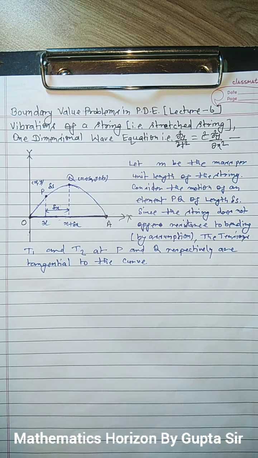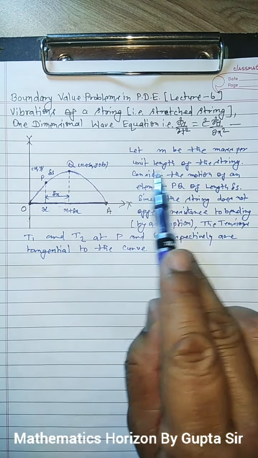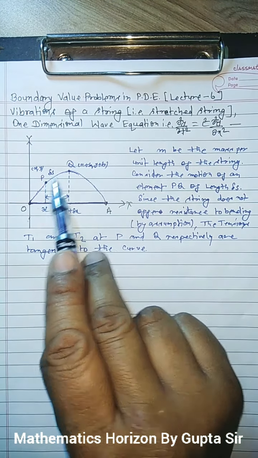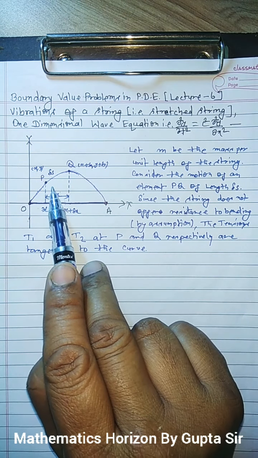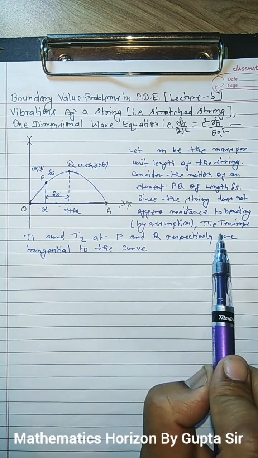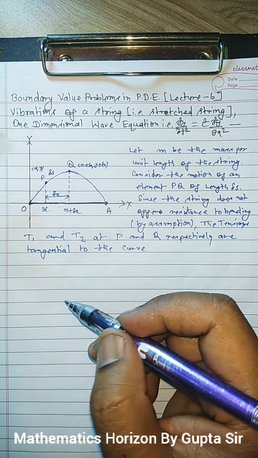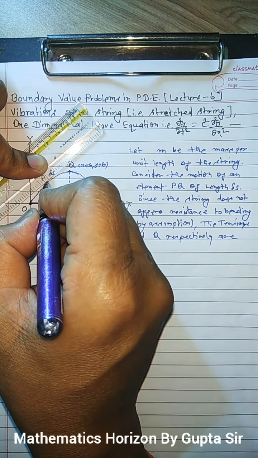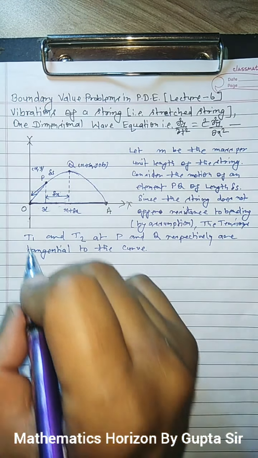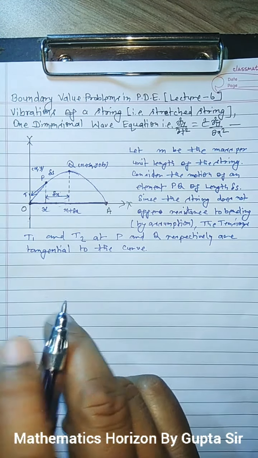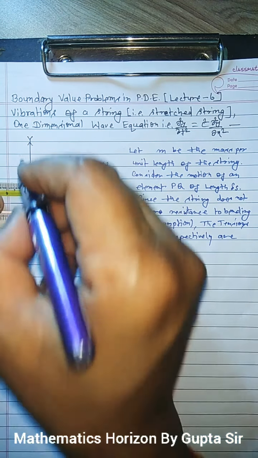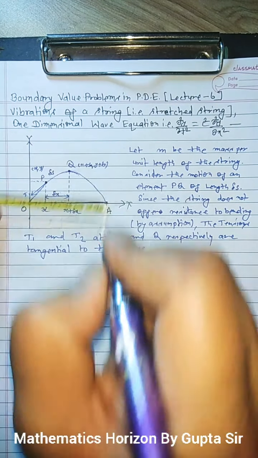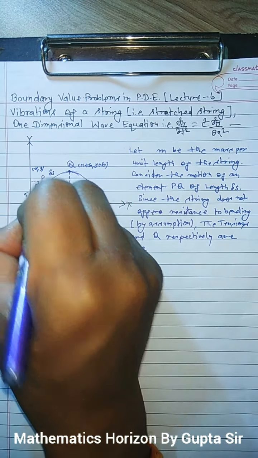Here m is the mass per unit length of the string, and we consider the motion of an element PQ of length del S. Since the string does not offer resistance to bending, the tension T1 is like a slope in the downward direction, and suppose this makes an angle alpha.